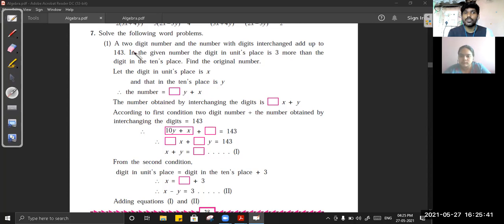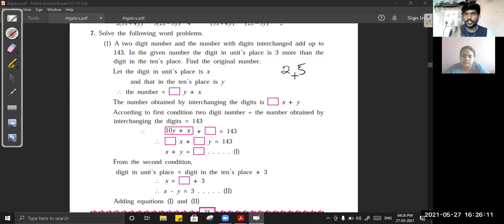Okay. So a 2-digit number and the number with digits interchanged add up to 143. Okay, that means there is a 2-digit number. Suppose 25. Suppose 25 is not the number, just suppose if 25 is that number. Then if you interchange this 25, what will it become?